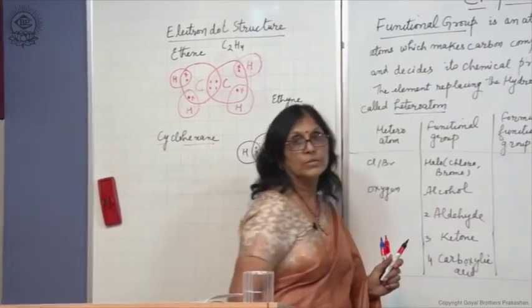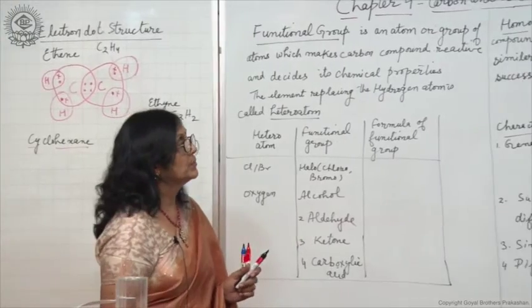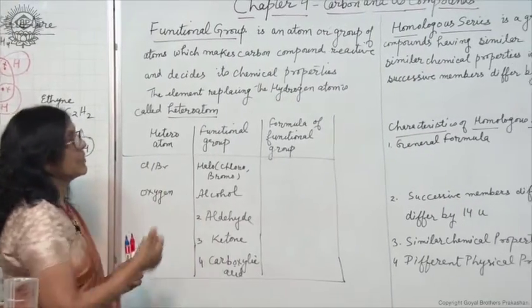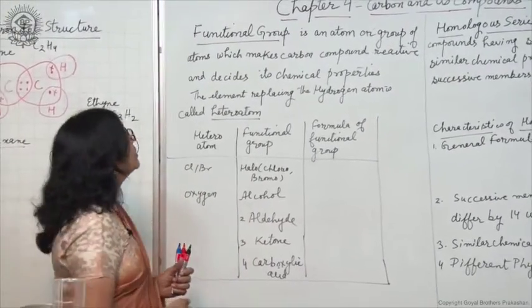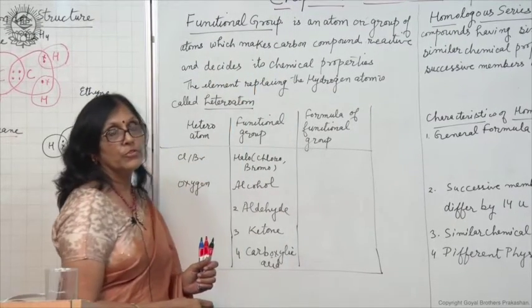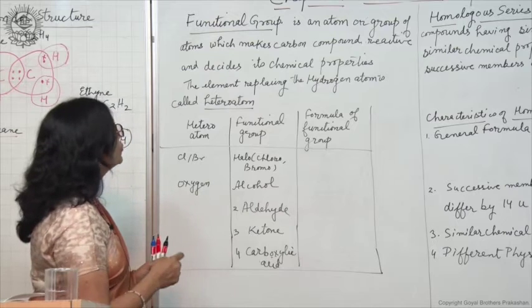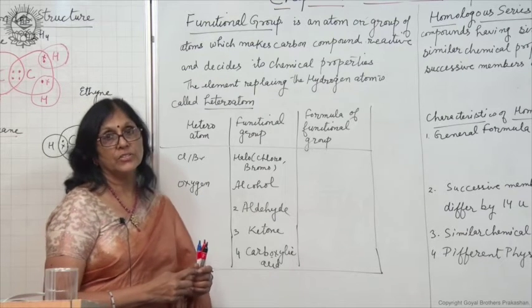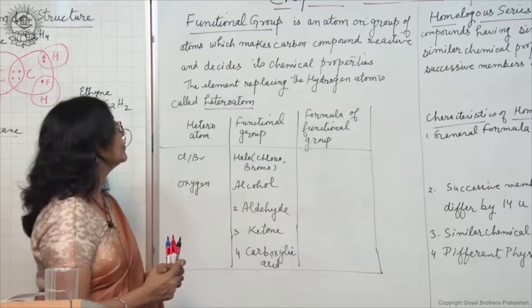Functional group. Let us first see the definition. Functional group is an atom or group of atoms which make carbon compounds reactive and decides its chemical properties.